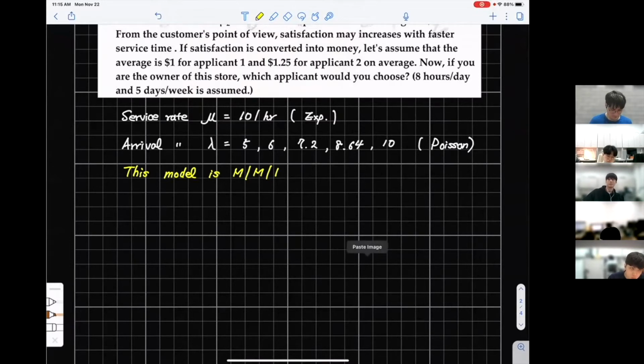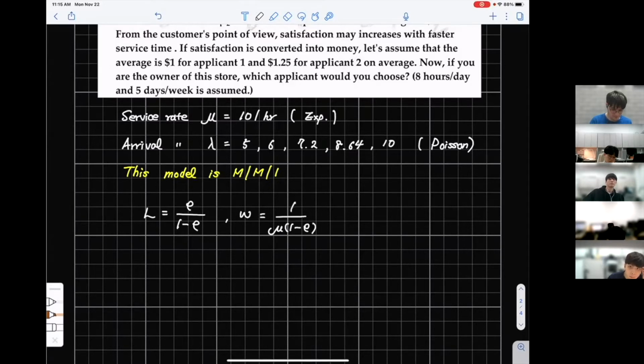So the WIP L equals rho over 1 minus rho, and the cycle time W equals 1 over mu times 1 minus rho.